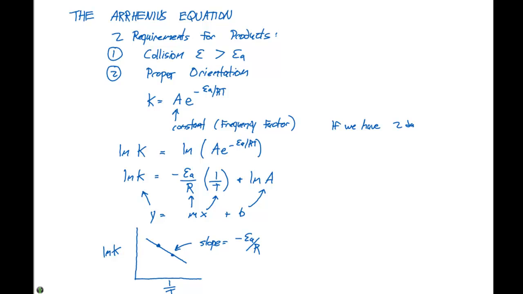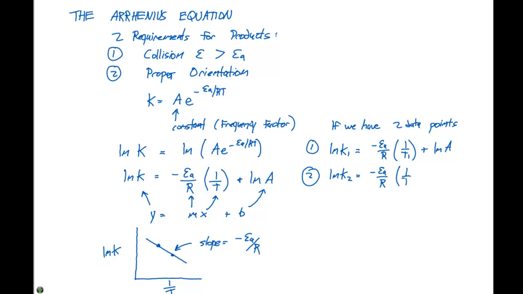So data point number 1 is going to be the ln of k1. That's going to equal negative Ea divided by R times 1 over T1 plus the ln of A. And data point number 2 is going to be the ln of k2, which will equal negative Ea divided by R times 1 over T2 plus the ln of A.